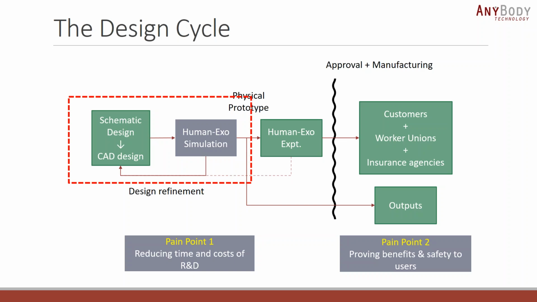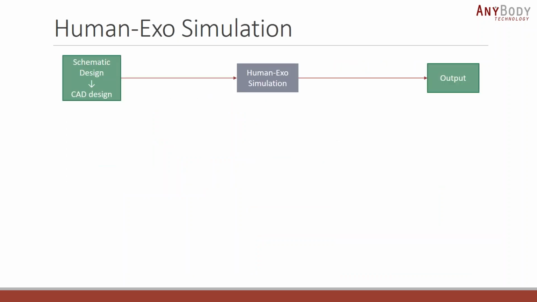So let us zoom into the region of the design cycle that I've highlighted within the red box over here. Now I've just redrawn the boxes that you saw on my previous slide, and I'm going to try and talk you through the typical workflow of a human exosimulation.